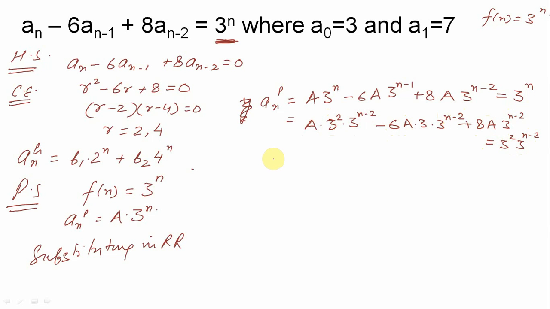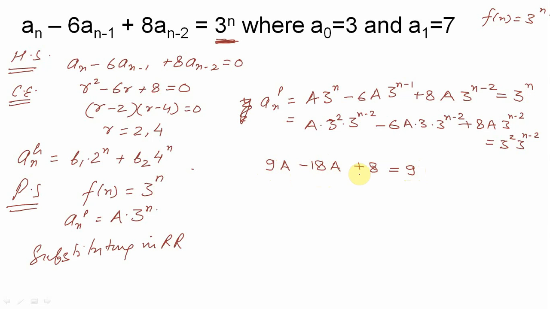Now if I divide this entire equation by 3 to the power n minus 2, I get 9a minus 18a plus 8 is equal to 9.